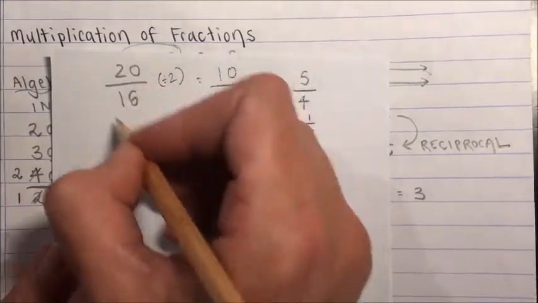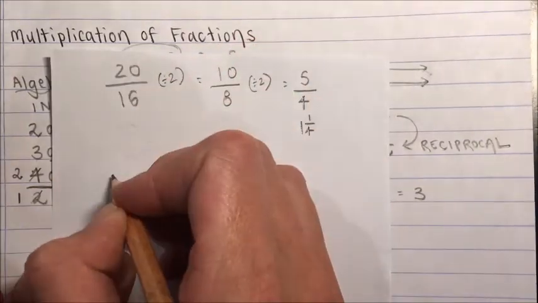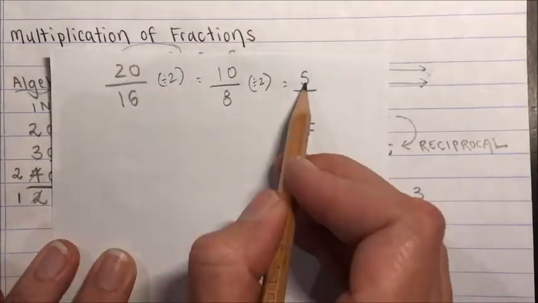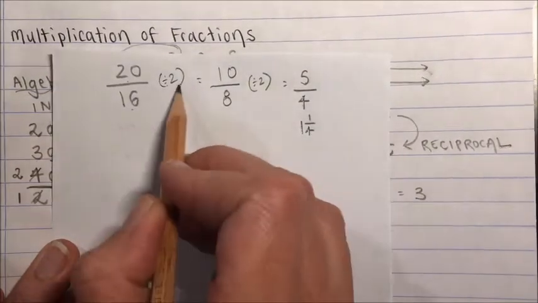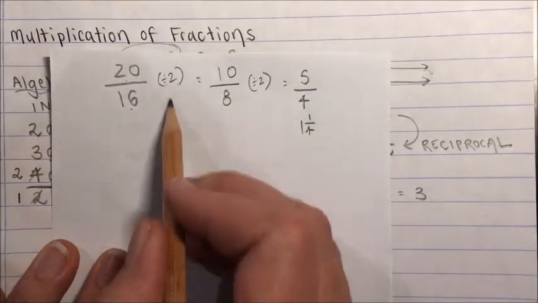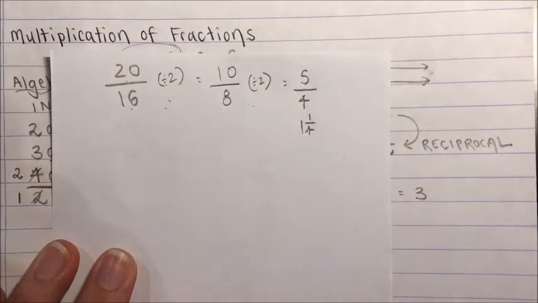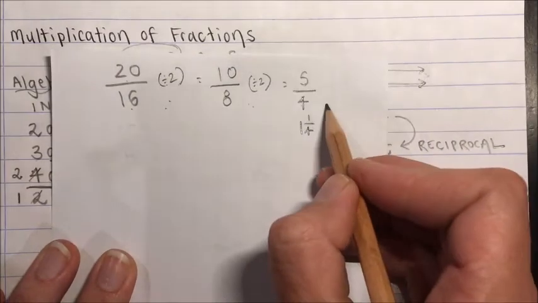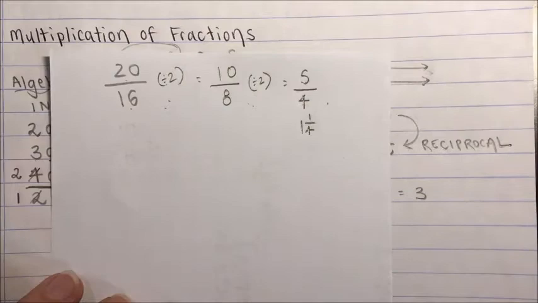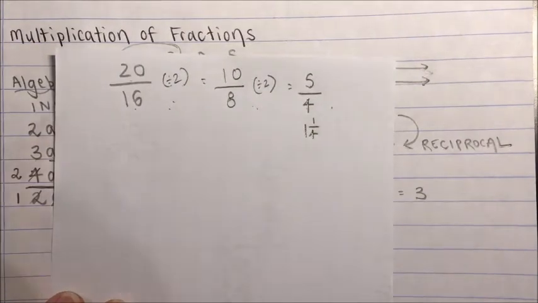While it would be quicker to know that these were both divisible by 4, because 20 divided by 4 takes us straight to 5, 16 divided by 4 takes us straight to 4, you can do it in stages, just as long as you keep going until it's in the lowest numbers possible.